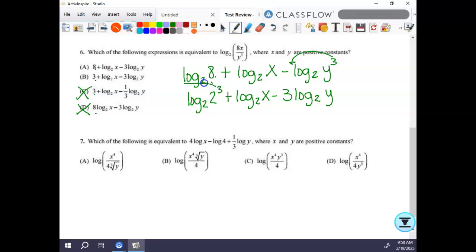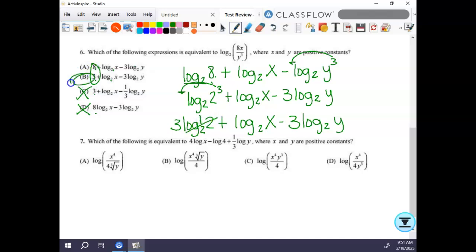Then I can bring this 3 out front, so this becomes 3 times log base 2 of 2 plus log base 2 of x minus 3 times log base 2 of y. All right, so this one has the same thing there. All that's different is this. Well, log base 2 of 2 is just 1, so that's why my answer is B.